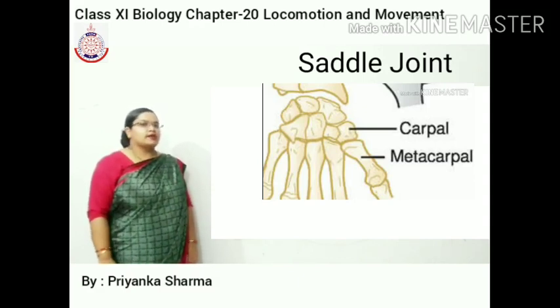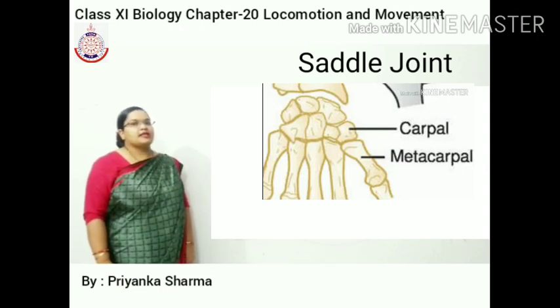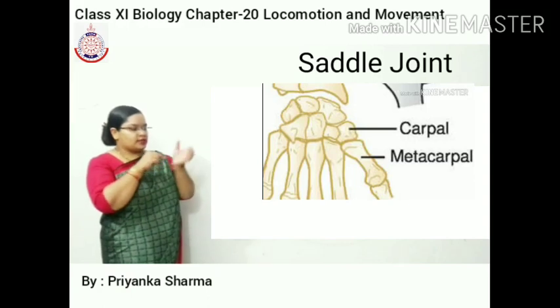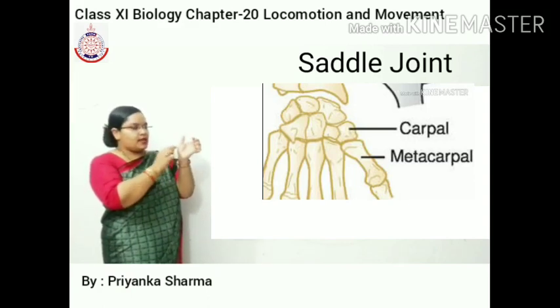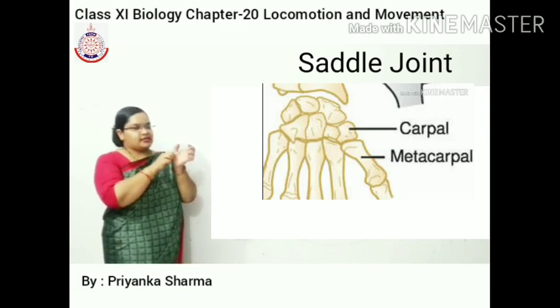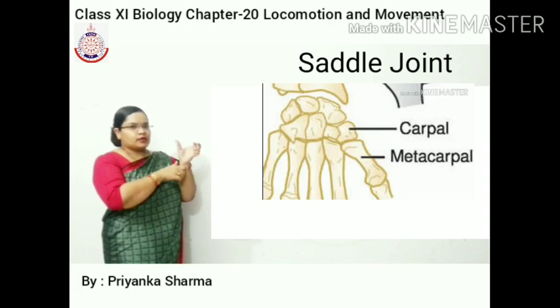The saddle joint is present between the carpal and metacarpal of the thumb. So between the carpal, here is your carpal, and the metacarpal of the thumb, the joint present is known as the saddle joint, which helps in the movement of the thumb. So you can move your thumb like this because of the saddle joint.